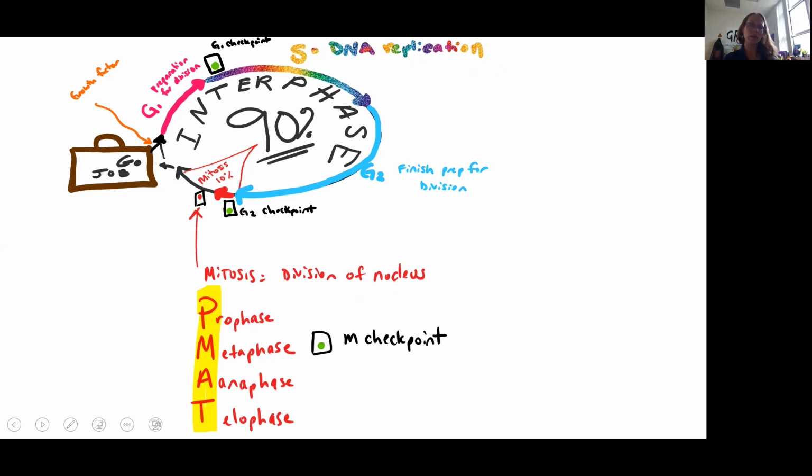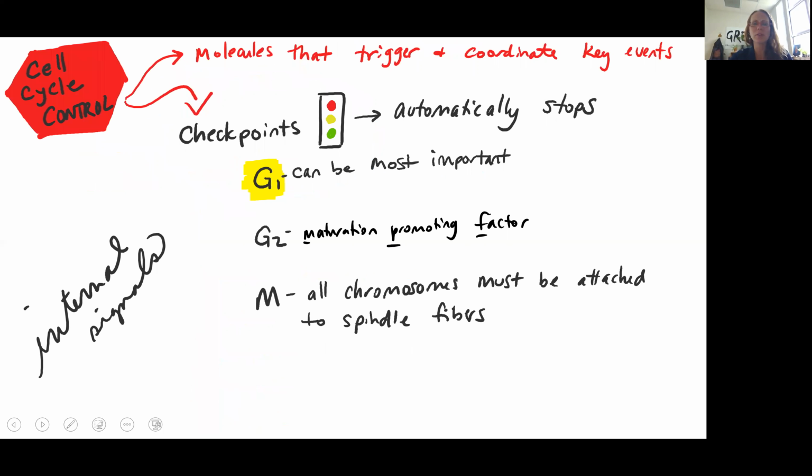There's an easy memorization for the phases of mitosis. You can always think PMAT: prophase, metaphase, anaphase, telophase, and then we will go through all of this in detail in the next video. Okay, couple other things.